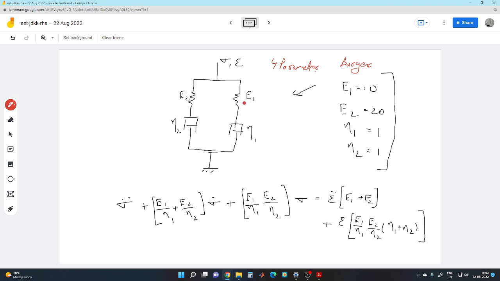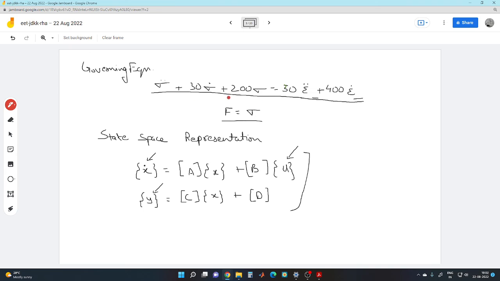This one is one of the two types of Berger model discussed in the class. This is actually the expression we get using these values. We get this particular equation, and using this equation, we try to find the state space representation of the system.